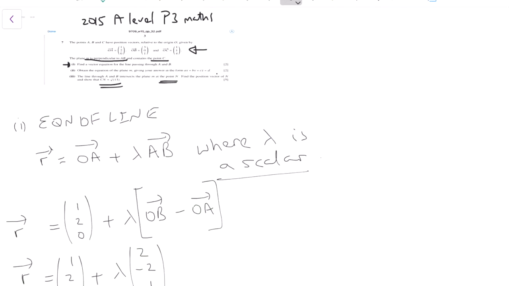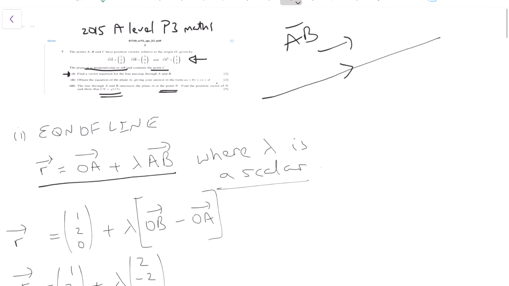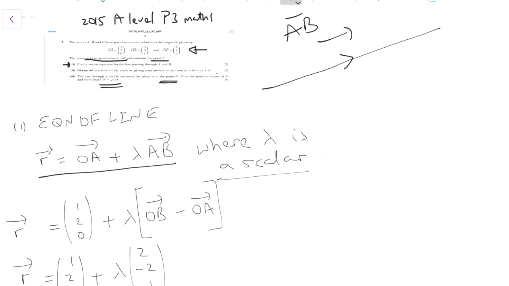So the equation of the line through A and B will be given by this: r equals OA plus lambda AB, where lambda is some scalar. And that's because you can imagine a line which looks like this. So that's your line, and let's say it has a direction like this, which is AB. And the origin could be at some point here, 0, 0, 0.